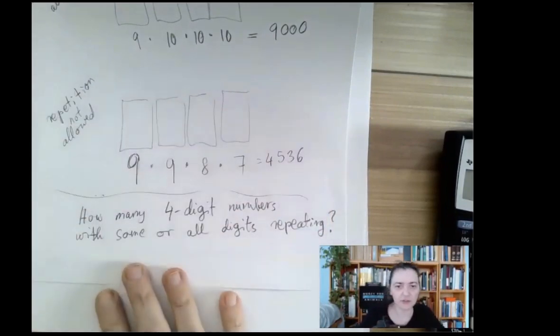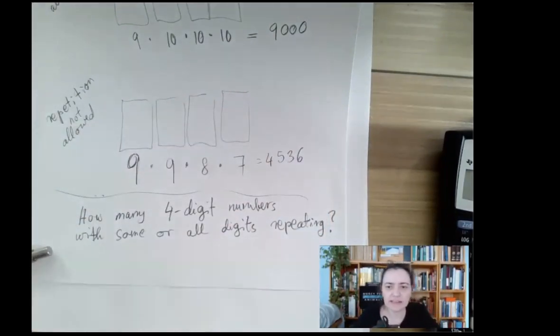That's a very hard question, because you can have just 2 digits repeating, right? 1, 1, and then where you put the 1, 1. But that's not all. You can have 2 pairs, 1, 1 and 5, 5, and you can have a triple and quadruple. So it's not as easy as we lose the diagonal.